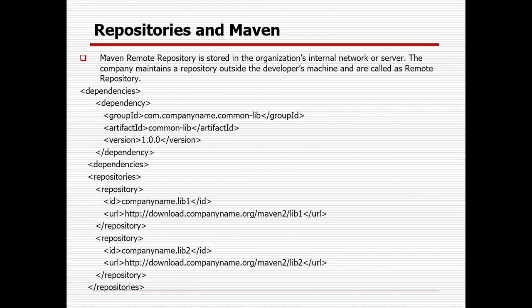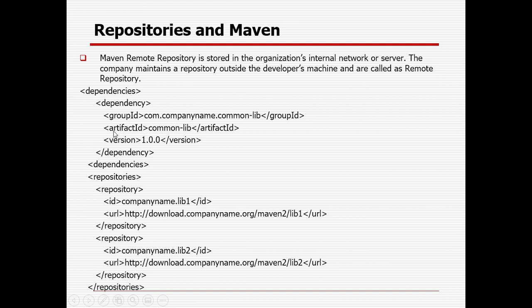So in case they need to interact with the in-house tool, you need to add their logical dependency, whatever they create for their organization. So that is called the Maven remote repository. The Maven remote repository is stored on the organization's intranet server. So that is the reason sometimes you need to connect with your organization's network, or some LAN connection. The company maintains a remote repository outside the developer machine, called the remote repository.